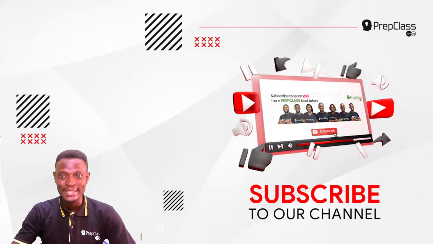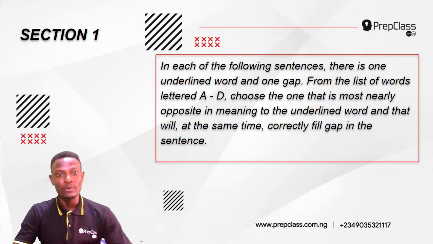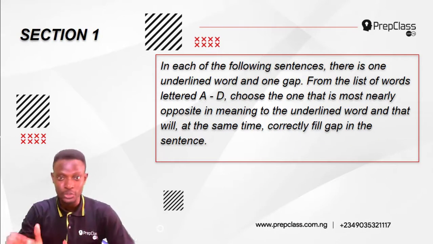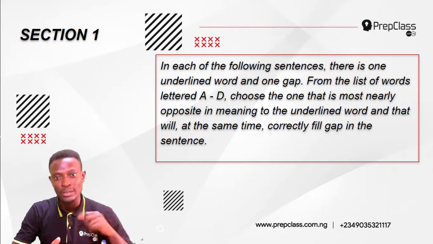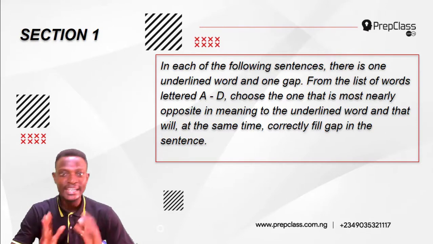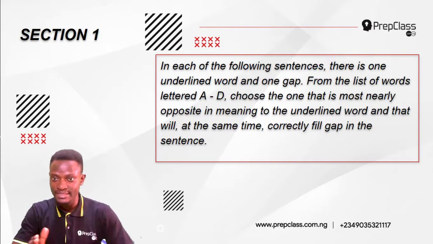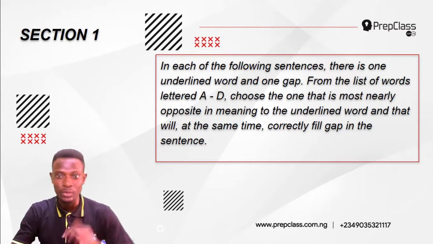Alright, let's begin. Now for questions 1 to 5, there is an instruction. The instruction reads, in each of the following sentences, there is one underlined word and one gap.